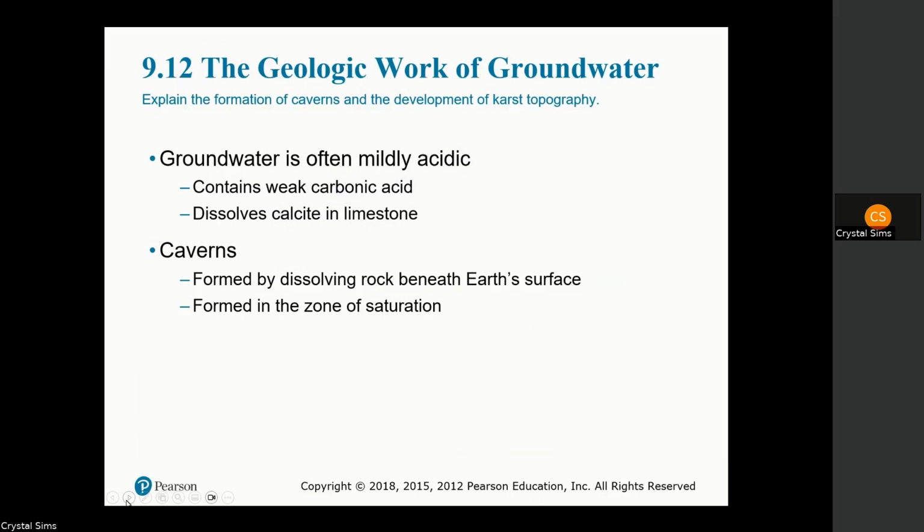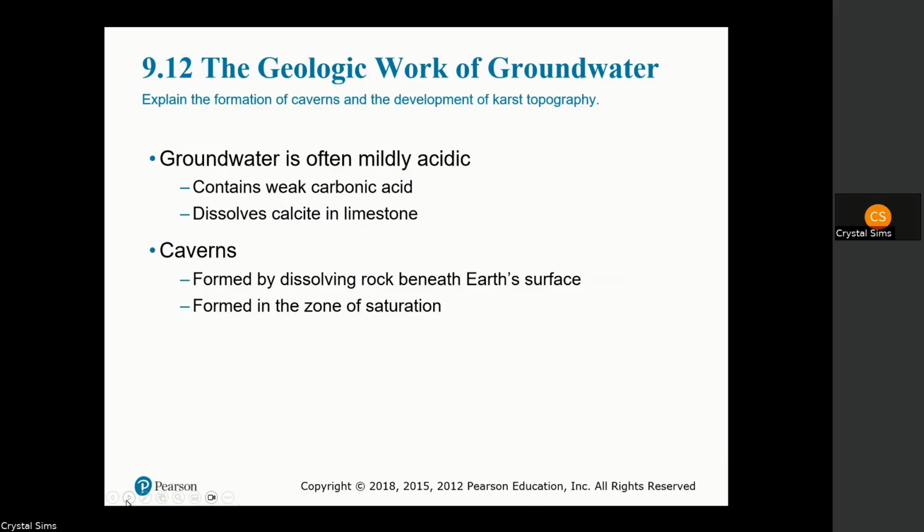So looking at some of the erosional features that we can see with groundwater, we can get caverns and what we call karst topography. Groundwater is typically acidic because it contains dissolved carbon dioxide, which when it reacts with water forms carbonic acid. And as we have seen, we know that acid can dissolve limestone.